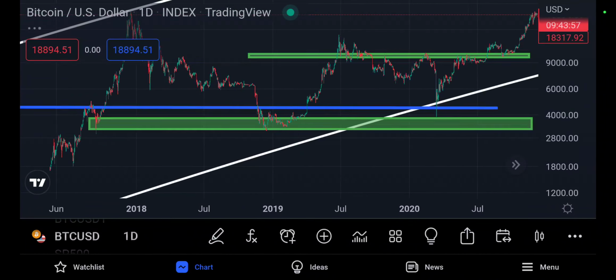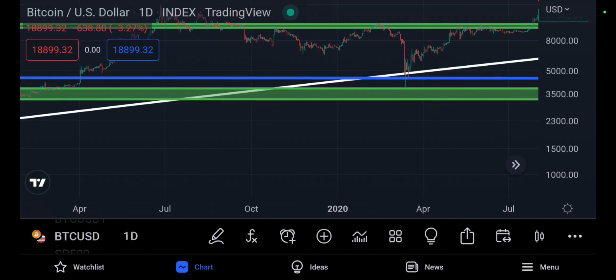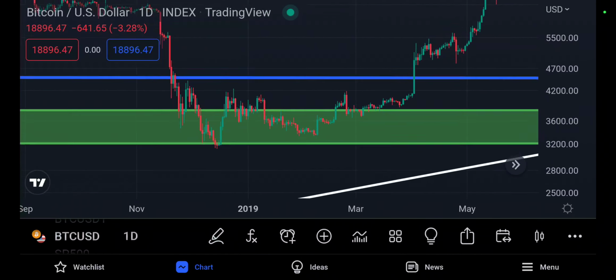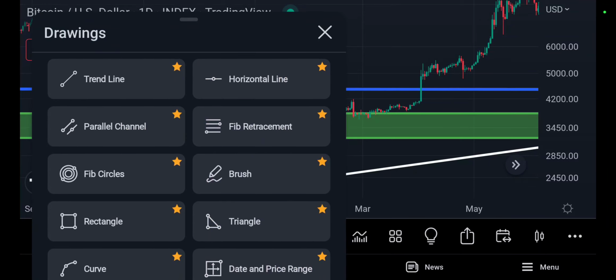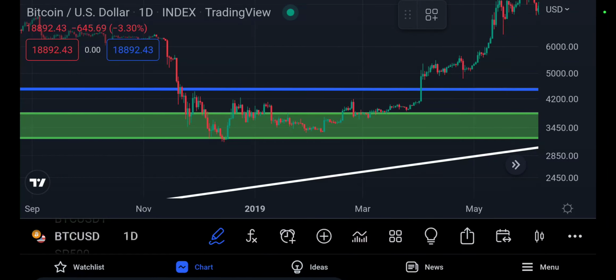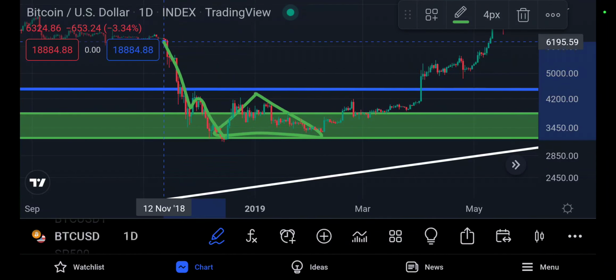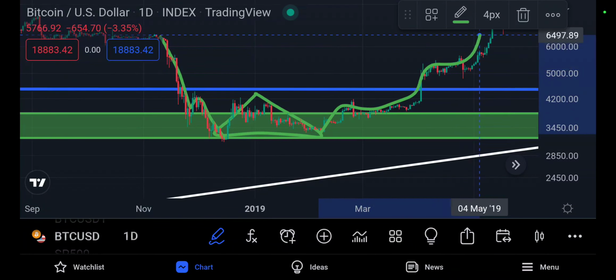Oh my goodness. Look at this. We had a small little triangle down here, even though it's not perfect. Bam. And look what we did. We eventually hit this. Bam.